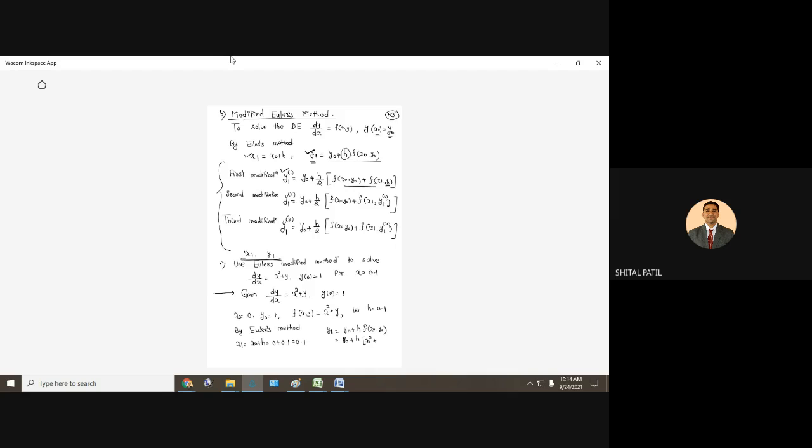And we have already obtained this value. Why not 1? (1.1). Hope this is visible. Let me go to the next page.